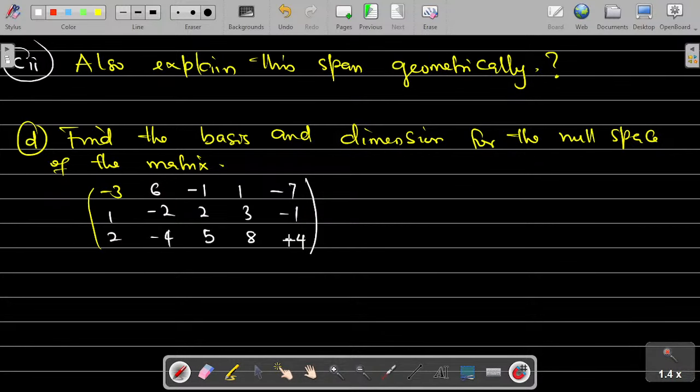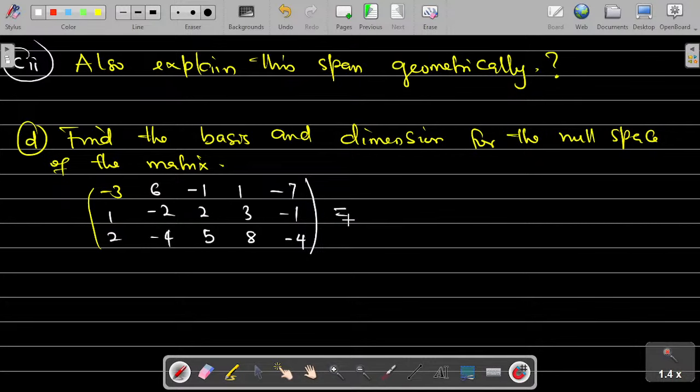Okay, so this is what they asked us to find, the basis and dimension. Because they are saying the null space of it, that means the other side of the equation, assuming it were an equation, will all be equal to 0. So let's transform it into an augmented matrix.